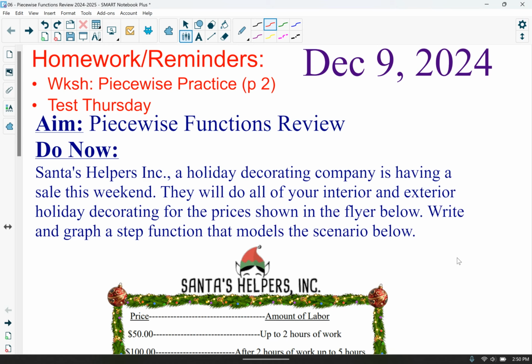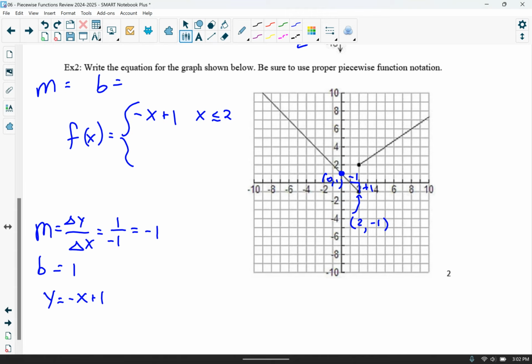So it's going to be x is less than 2. Because it's a closed circle, it's going to be less than or equal to. So we've got -x plus 1, x is less than or equal to 2. And you could write the word if in there if you want. We see that sometimes.